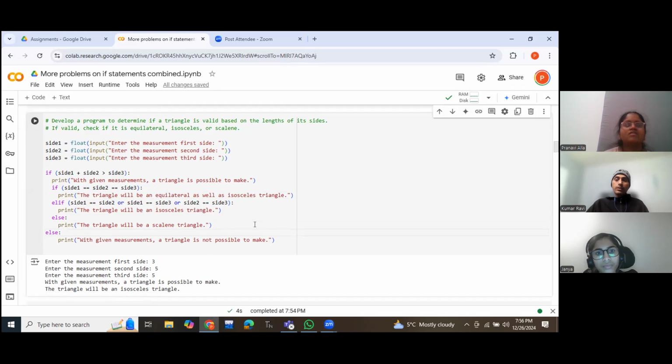You need to print the names of those sides, maybe side 1, side 2. And one more interesting thing: instead of using side 1, side 2, side 3, when we do coding, these are all driven by our mathematics, right?